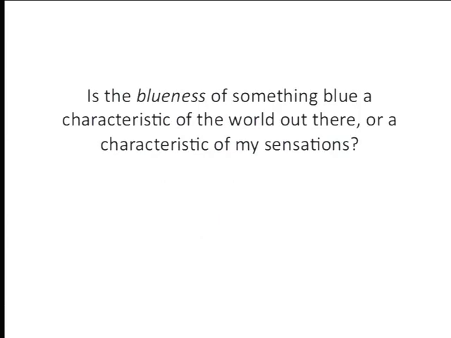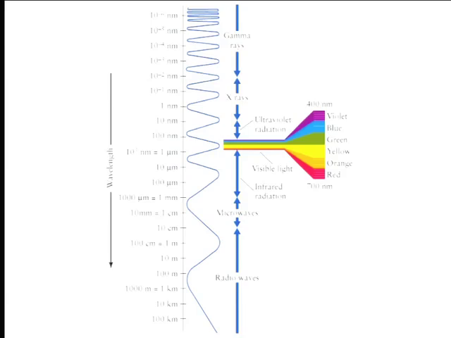The question you guys are raising is, should we think of blueness, the qualitative characteristic, as something that has to do with the world out there, or is it something to do with my sensations? That's the issue. And when you think in terms of this diagram, take these qualitative characteristics. That's the interesting thing. This is philosophically fairly straightforward, what the physical characteristics are.